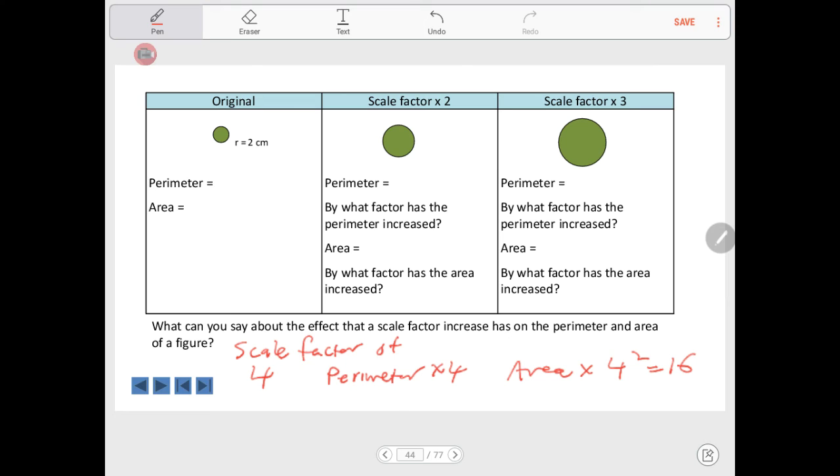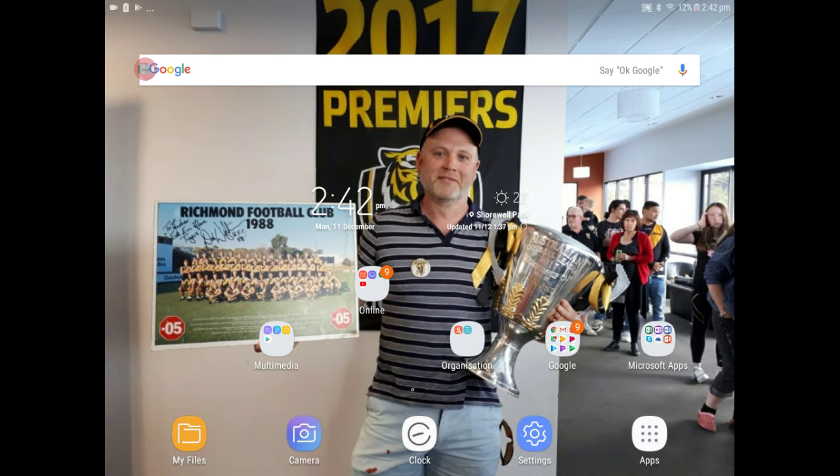Now, this might seem like a pretty unimportant relationship, but it actually is quite important. It comes up in real life phenomena. For instance, a really important one is stopping distances in cars. We see this same scale factor increase.